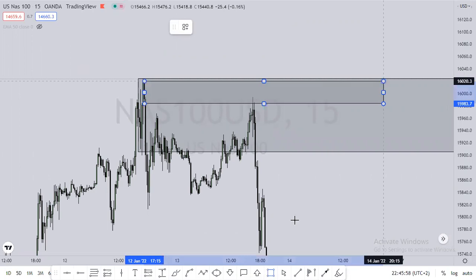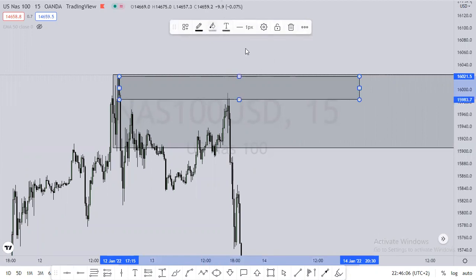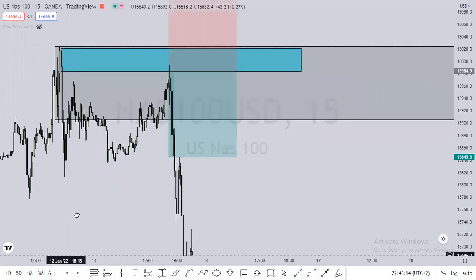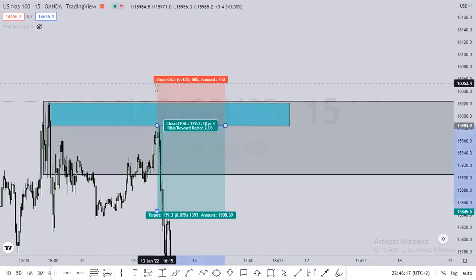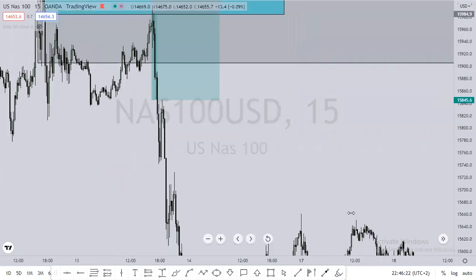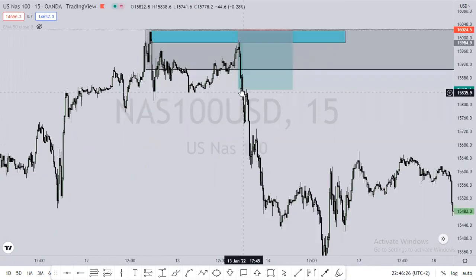From the wick would have been good, but you know, being realistic. Boom, this is a gorgeous setup. Boom, tap, stop loss right above, and choose how much you want.